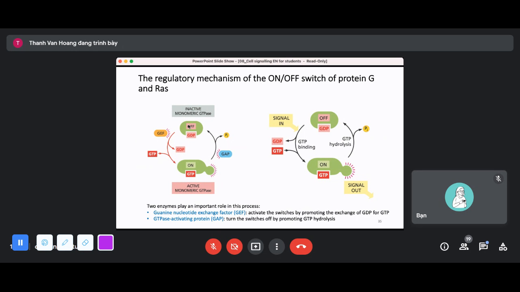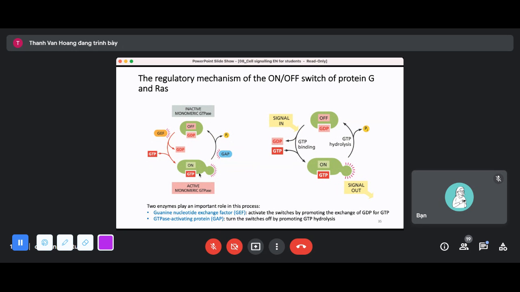When the receptor is activated, the tyrosine kinase recruits the guanine nucleotide exchange factor close to RAS, which exchanges GDP with GTP, so RAS becomes activated, and it can activate the MAP kinase cascade.